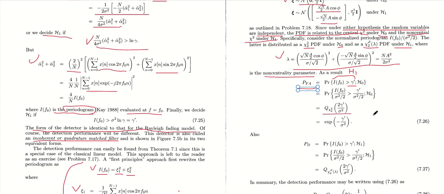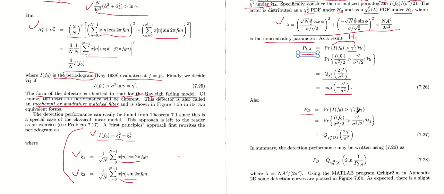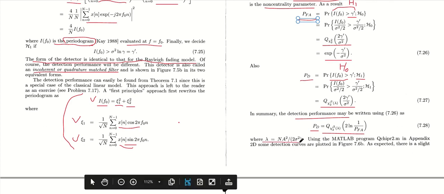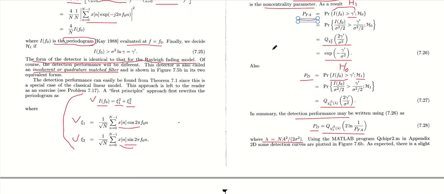Eventually it goes to chi-square Q function and exponent of this. And PD is when you have H1 and you decide H1. That's a correct decision, which is good. And then you do the derivation, you go to the chi-square. So in summary, the detection performance will be written as this PD chi-square like that, where lambda is like this. Okay, so we'll just stop here for the moment and we'll come back in a little bit.